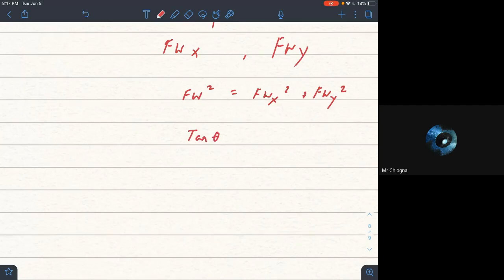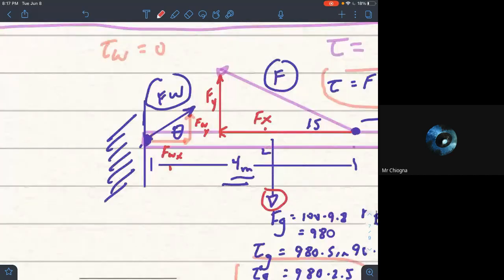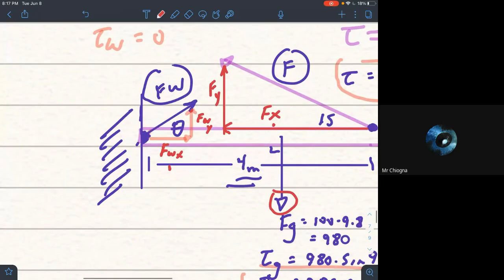Tan of theta is equal to FWY over FWX. Take a look at the triangle. See where I got the tan from. Tan is opposite over adjacent. That's the adjacent. That's it. Okay?